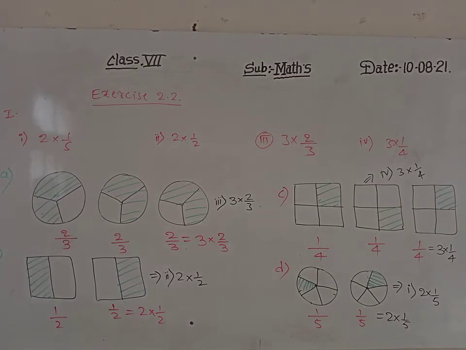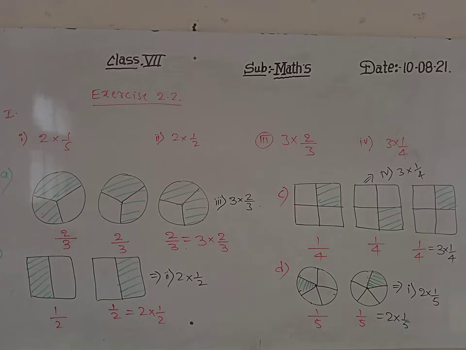Shall we go to the second question? Santosh, take notes clearly. Yes, what is the second question here? Some pictures A to C are given below. Tell which of them show the fraction 3 into 1 by 5. It is nothing but 3 by 5. 2 into 1 by 3. 3 into 3 by 4.